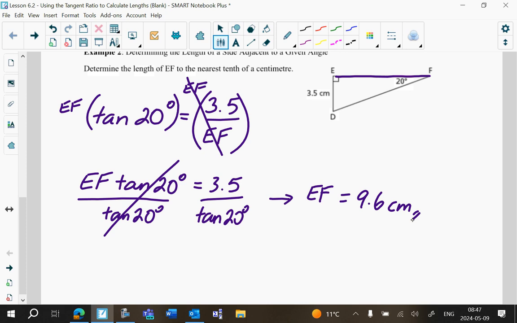Another way you could remember it, notice when the unknown side's up top, we multiply to get the answer, right? When the unknown side is on the bottom, we divide to get the answer. It's another way you can think of it.